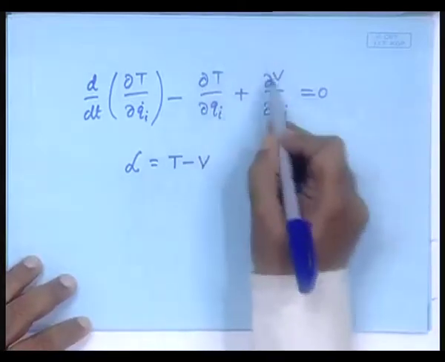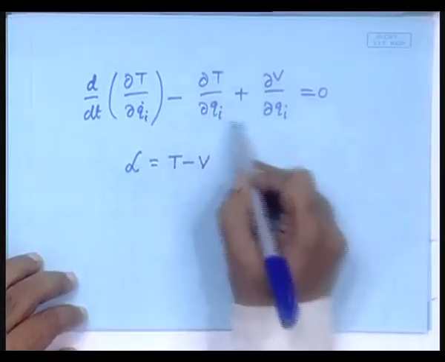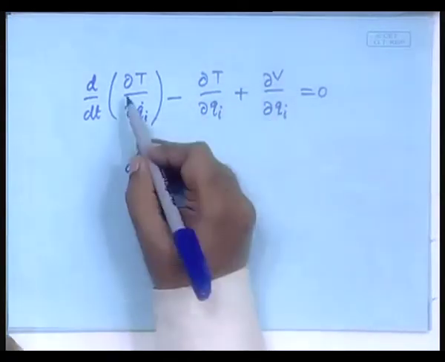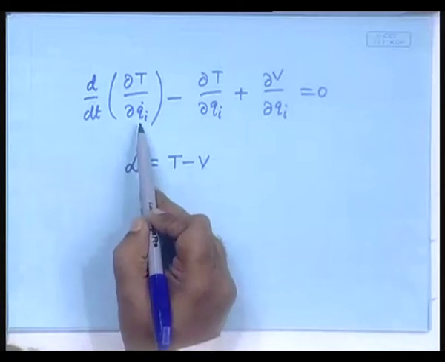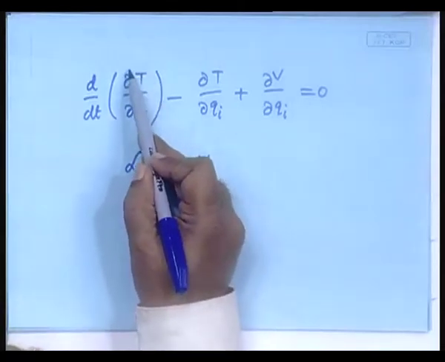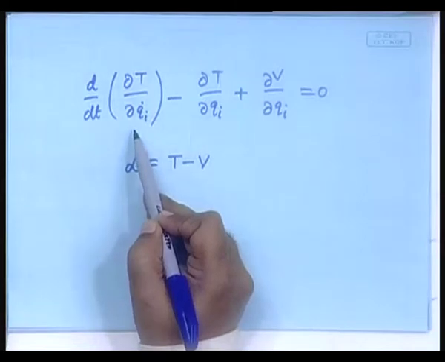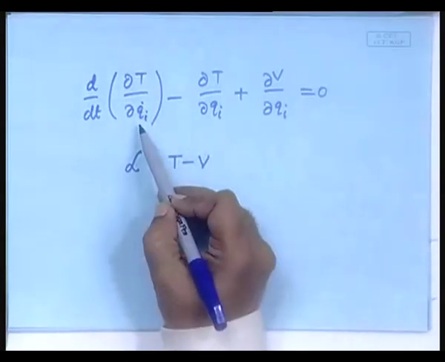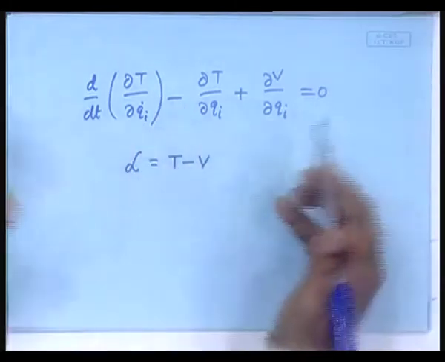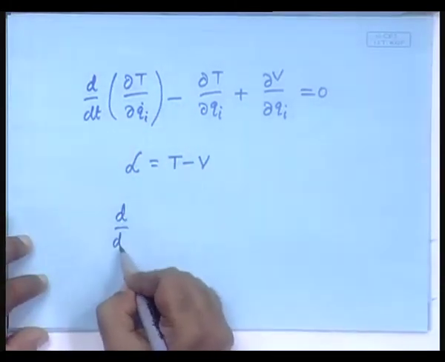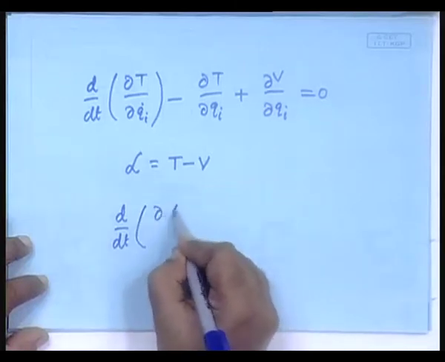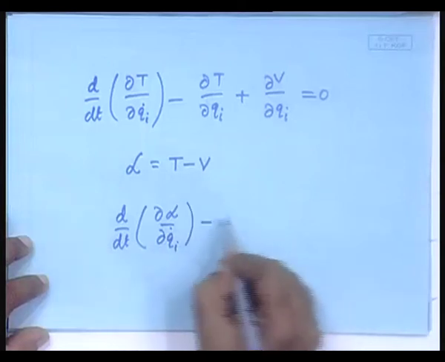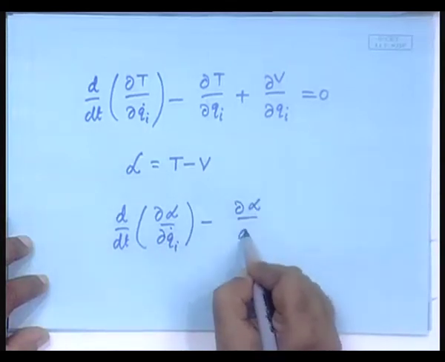So, this can easily be seen that this is a derivative of the Lagrangian with respect to qi. You see that this term, the whole term, here you are taking a derivative of the kinetic energy with respect to the velocity, and the potential normally does not depend on the velocity. So, we can very simply write it as d/dt of the derivative of the Lagrangian with respect to q i dot, minus the derivative of the Lagrangian with respect to qi.